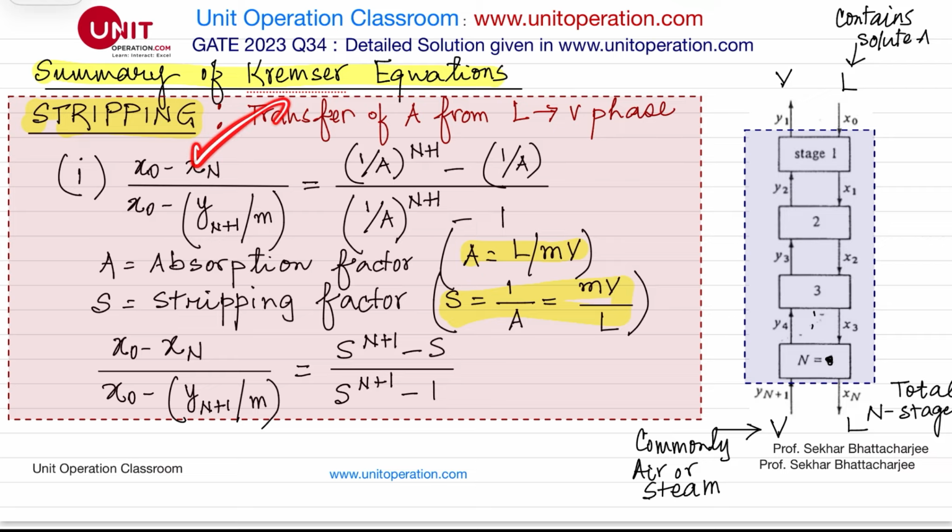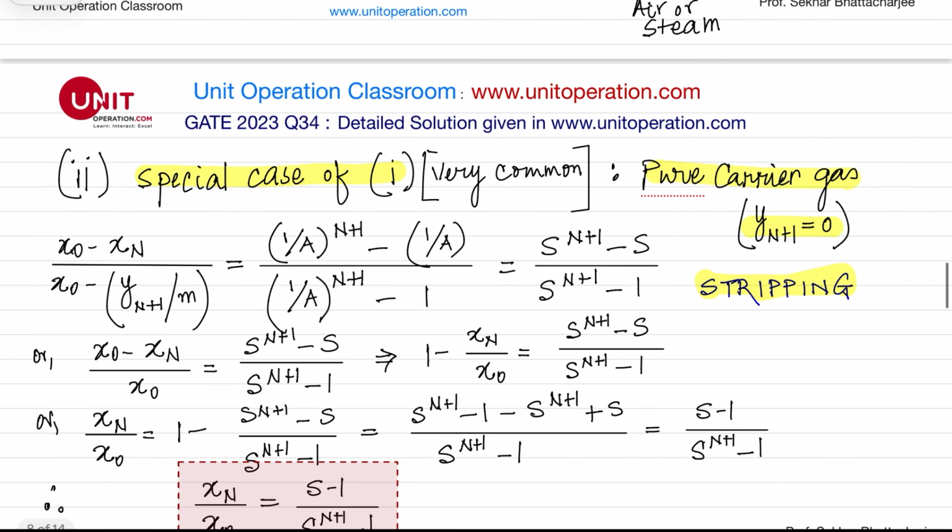This is the equation which we are going to use, and this is the absorption factor, and the stripping factor is just the inverse of that. And this same equation can be written in terms of the stripping factor. Just as in case of absorption, if you know the value of x0, and you have a target xn, and you know the value of yn plus 1, which as I said is normally equal to 0, and you want to find out how many stages, the same equation can be written in a different form.